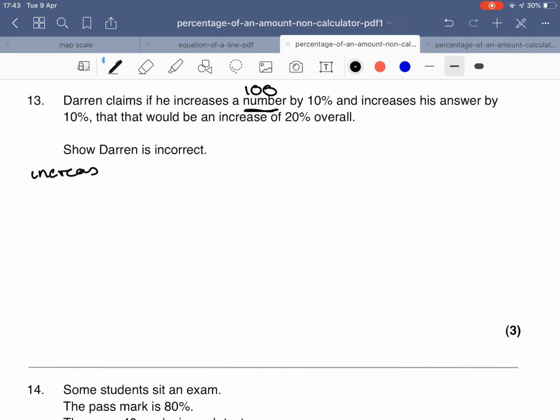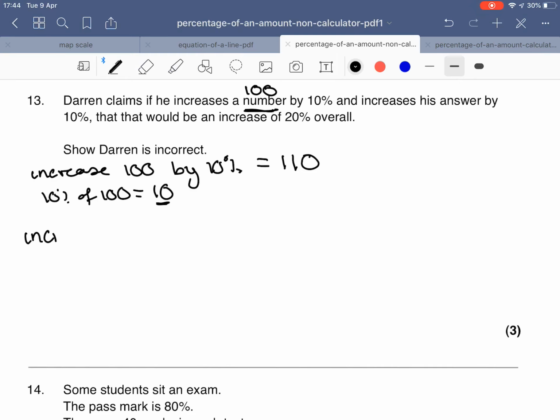So if I increase 100 by 10%, I know that 10% of 100 is divided by 10 is 10. So I increase 100 by 10%. I'm going to add 100, add to the 10 to get 110. Then I want to increase that by 10%.